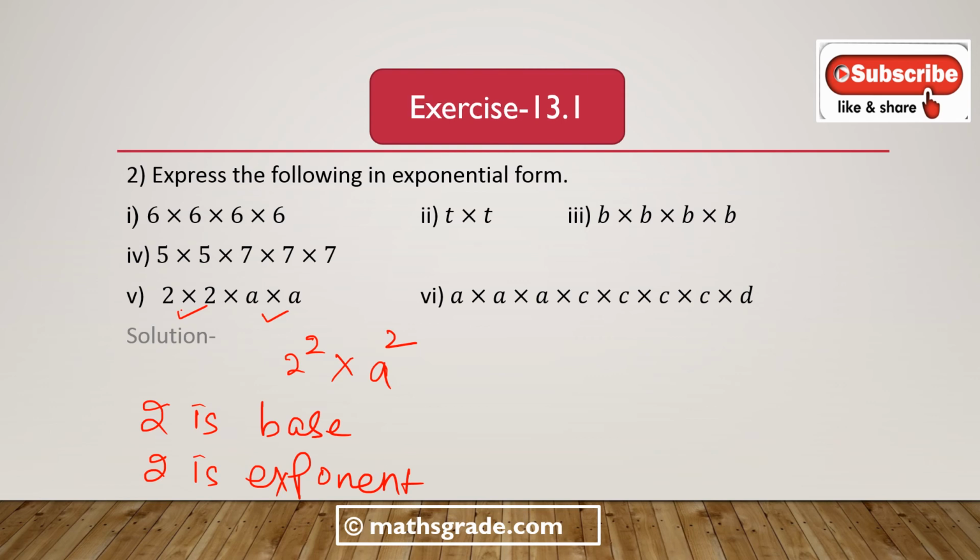In a to the power 2, a is the base and 2 is the exponent or power. So 2 multiplied by 2 multiplied by a multiplied by a will be 2 square multiplied with a square.